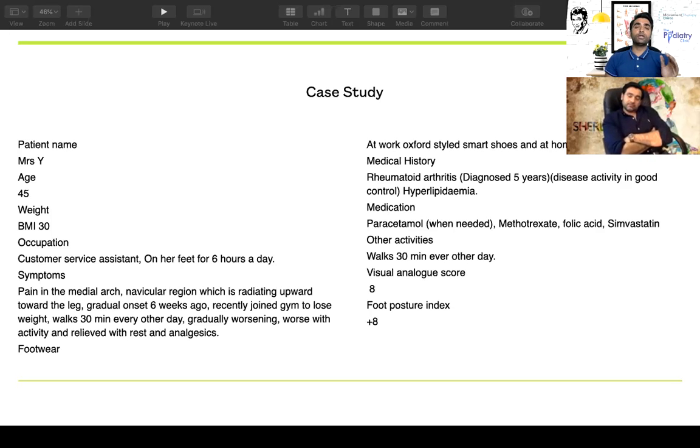If their arthritis isn't managed very well, I need to get their medication ordered so that their arthritis is managed, and that can help with settling the symptoms of tib post as well. Anything you'd like to add or ask?